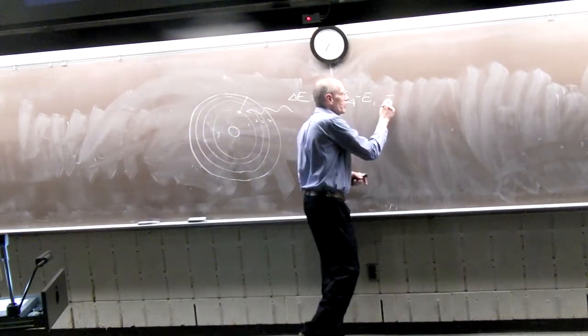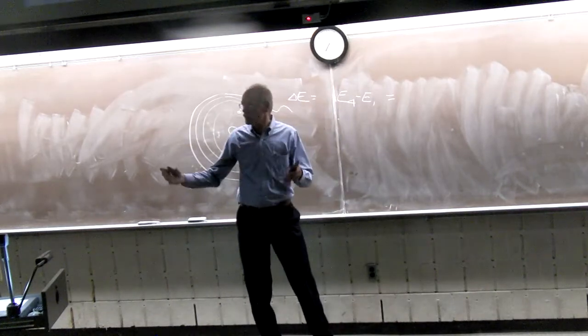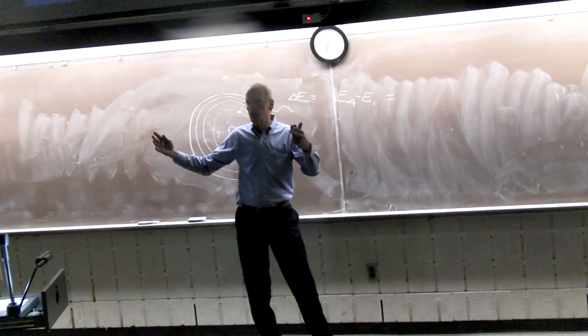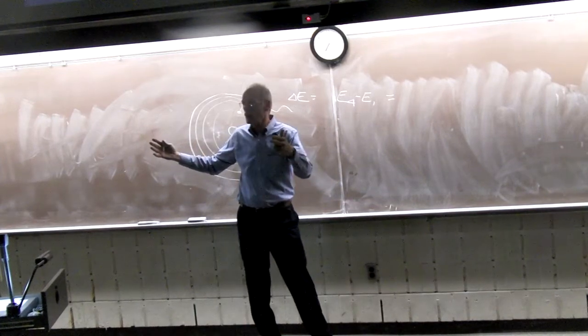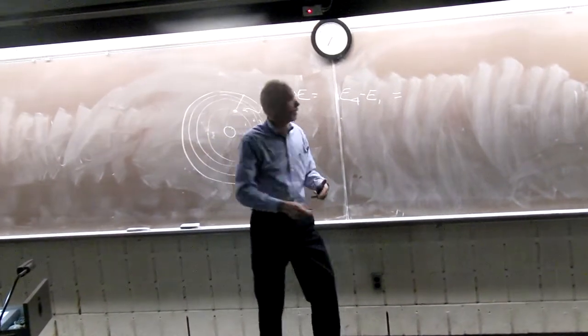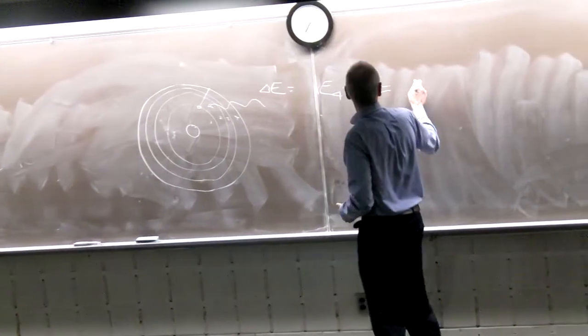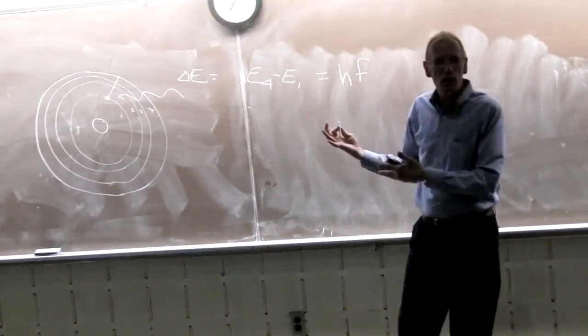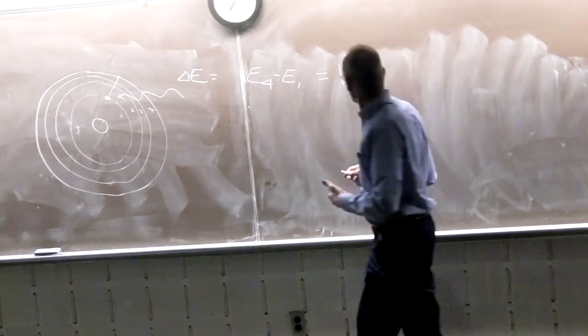But energy is related to frequency, isn't it? What's the relationship? Do you remember? I'll have these equations on the front sheet, but do you remember what it is? Yes. The higher the frequency, the higher the energy. Okay, so it's proportional to frequency, and there's some constant, the value you don't need to know.